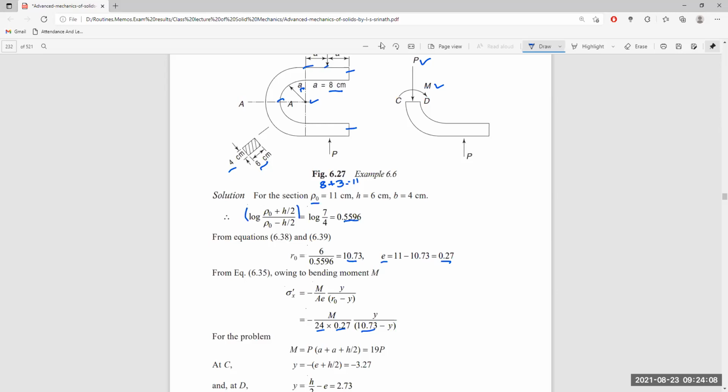So Y is given as minus E, which is the distance between the neutral axis and the central axis, plus H by 2. H by 2 is half of the height, which is the position of the central axis from the end of the section itself. So if we put the values of H and E, we get the distance Y of the constant flexural fiber.